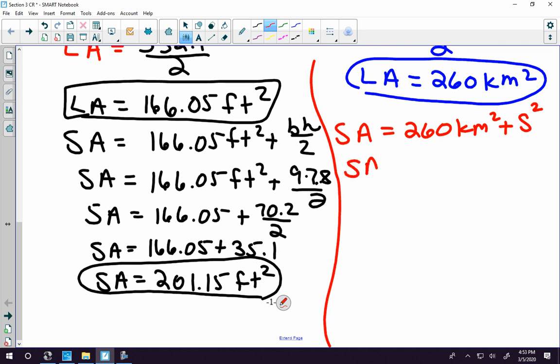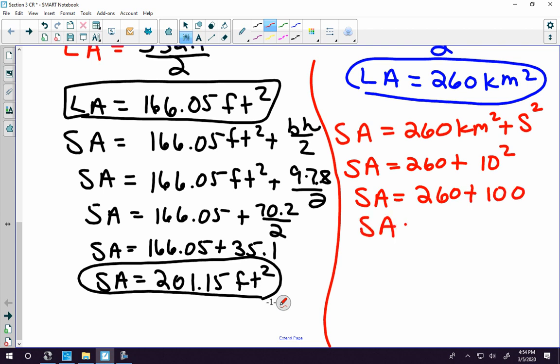If you look back above, one of the side lengths of the square is 10, so we're talking about 10 squared. So our surface area of the square pyramid in number 2 is going to be 260 plus 100. So our surface area is going to be 360 square kilometers.